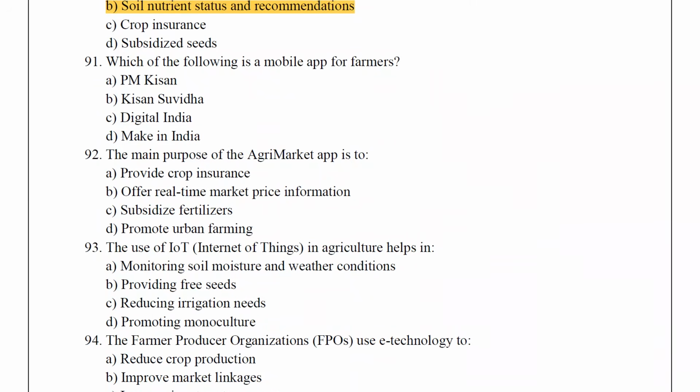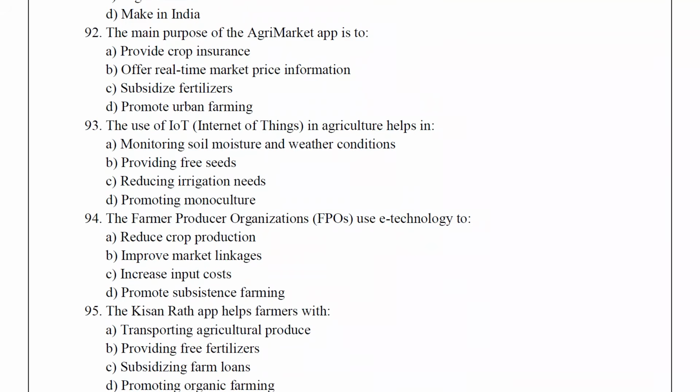Which of the following is a mobile app for farmers? Kisan Suvidha. The main purpose of the Agri Market app is to offer real-time market price information.